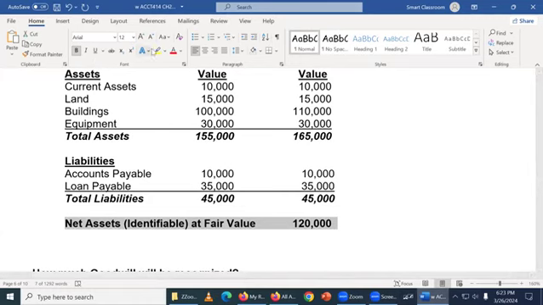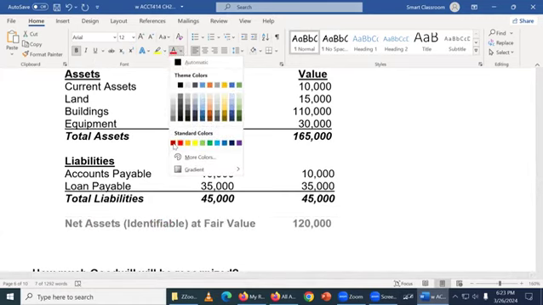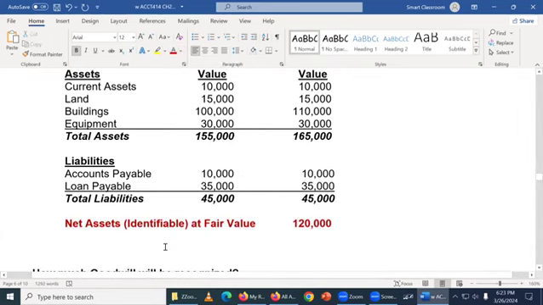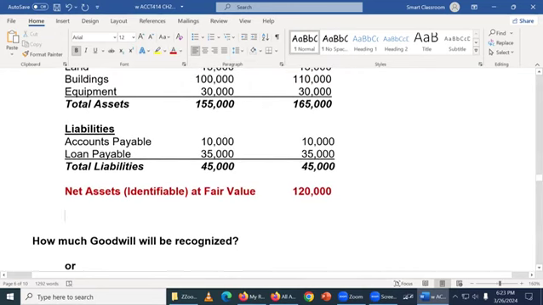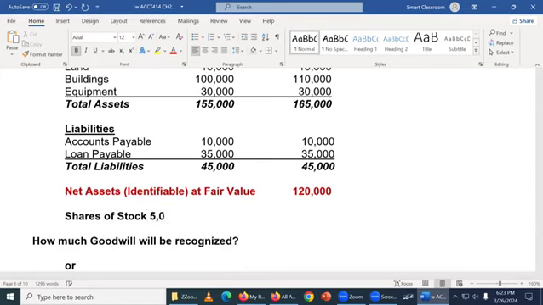All right, so this is what we're giving them. Or scratch that, that's what we're buying from them. What we're giving them are shares of stock, 5,000 of them, and the value of those shares is $27.